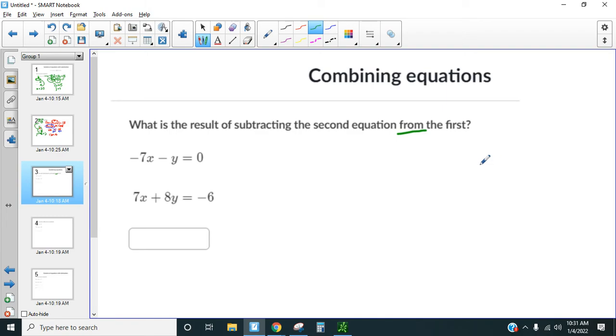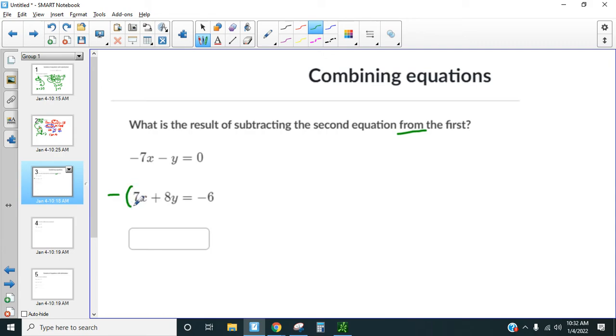If I replace these with numbers real quick, if I say subtract 7 from 8, what's the answer? It's positive 1, right? So when they phrase it like this, the order is backwards when you subtract. So what's the result of subtracting the second one from the first?